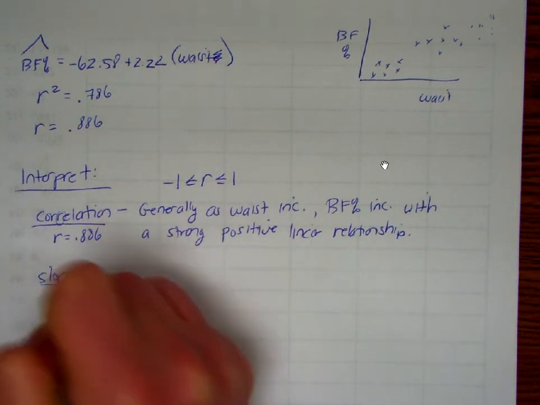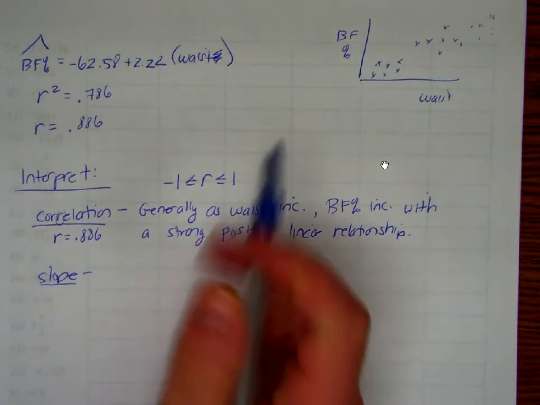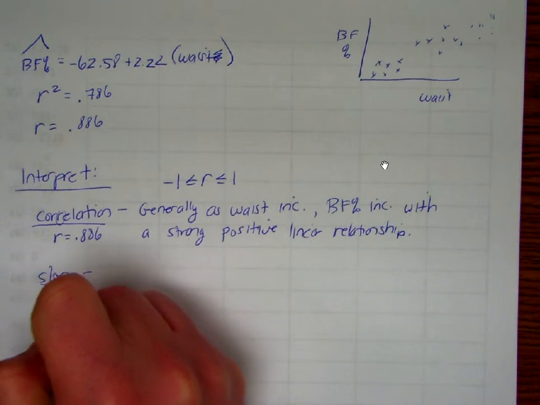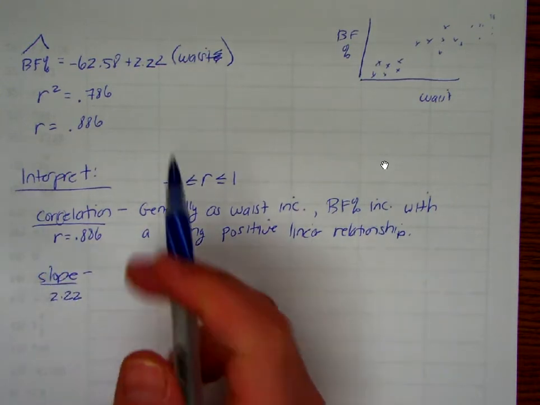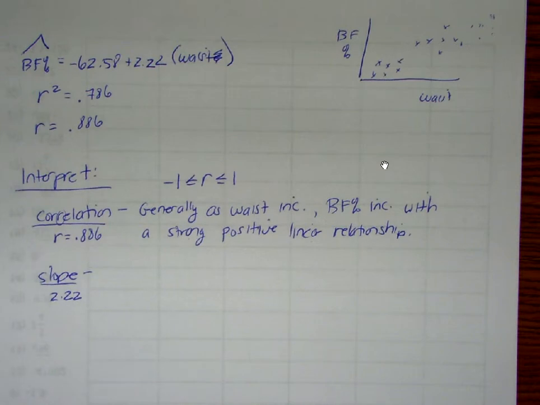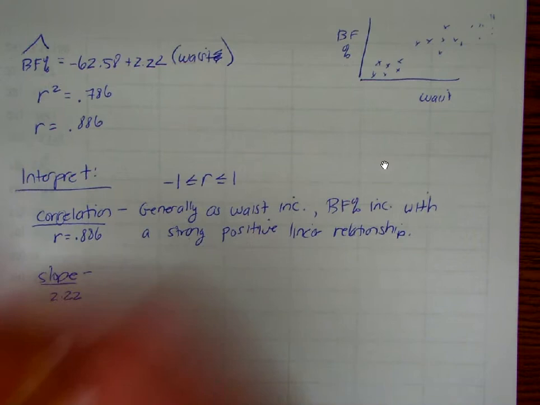Let's interpret the slope. The slope is the number next to the x, so that's 2.22. And if you remember, slope, do this in pencil, was my cloud method.